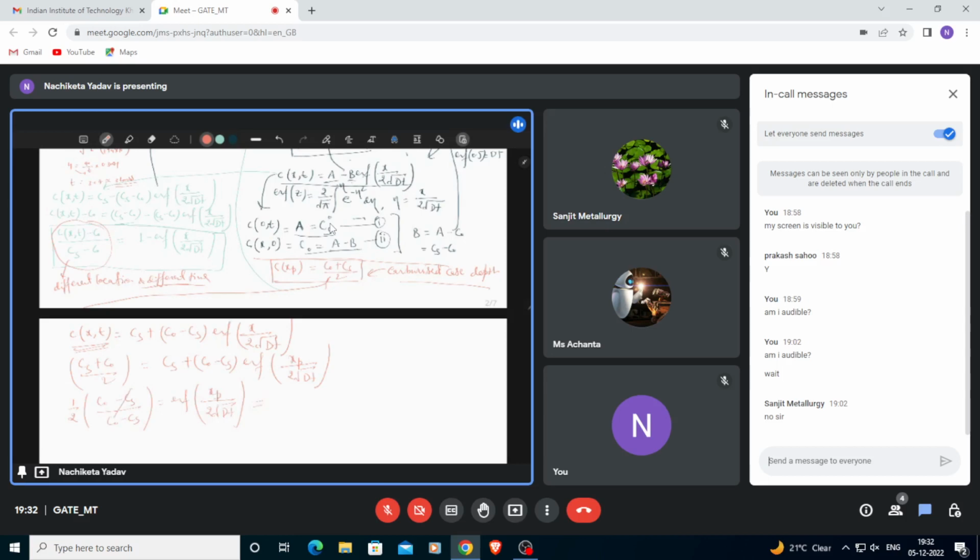This will be cancelled out, so it will be 1 by 2 on both sides, and we know error function 0.5 equals 0.5, which is 1 by 2. So if we compare, we find xp over 2 square root of Dt equals 0.5, so the 1 by 2 cancels out, and xp will be equal to square root of Dt. Did you get this one?